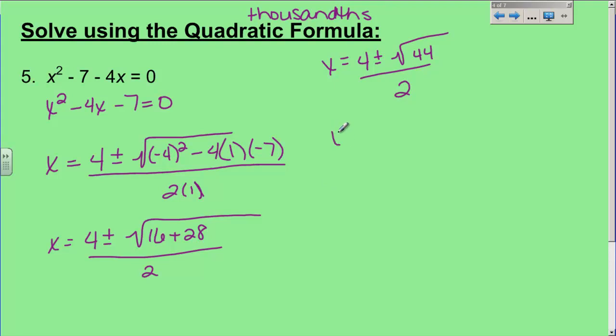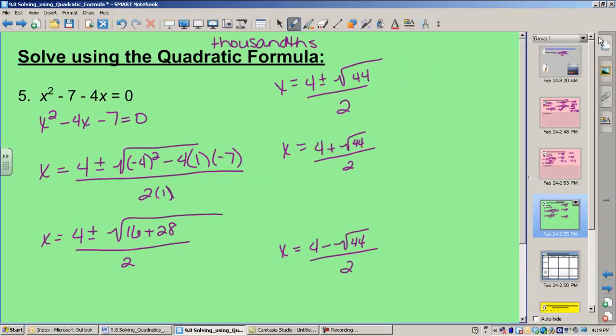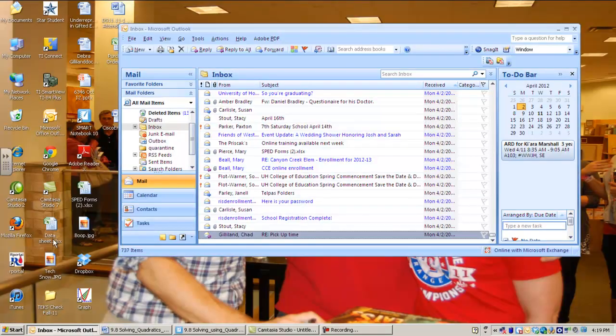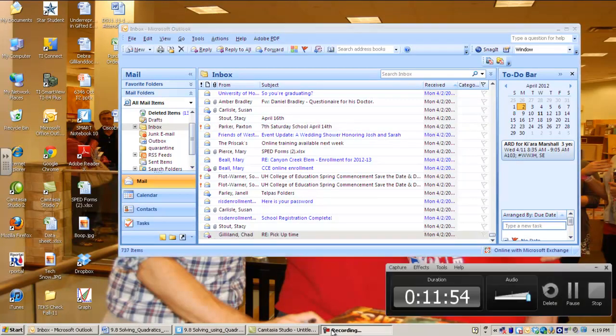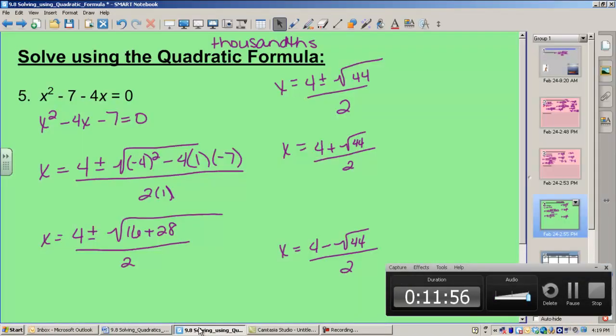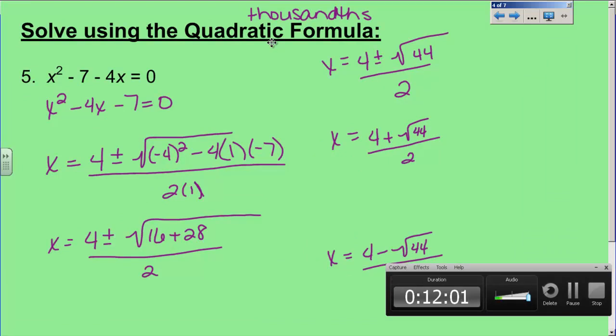So I have x equals 4 plus the square root of 44 divided by 2, and I have x equals 4 minus the square root of 44 divided by 2. So we're going to get our calculator, and we're going to type it in just exactly as it is written.